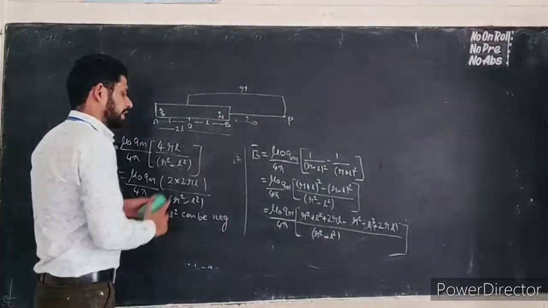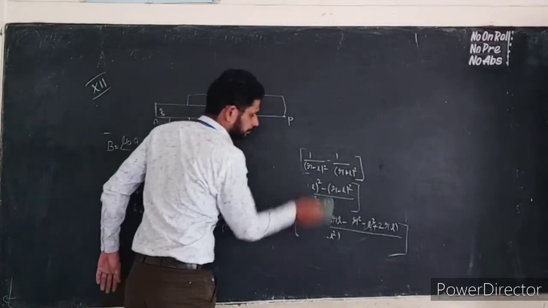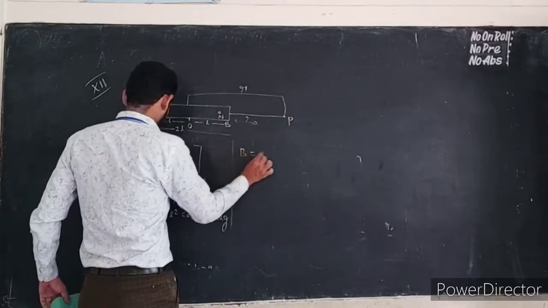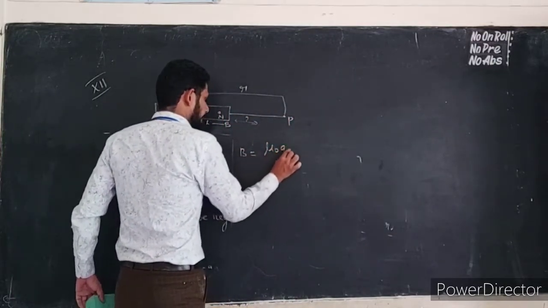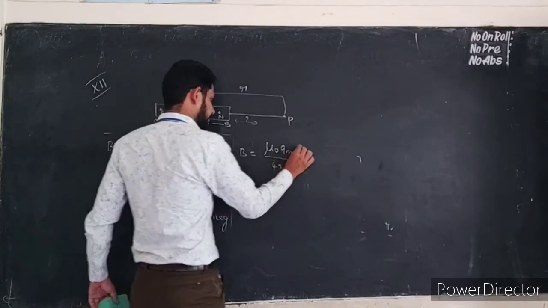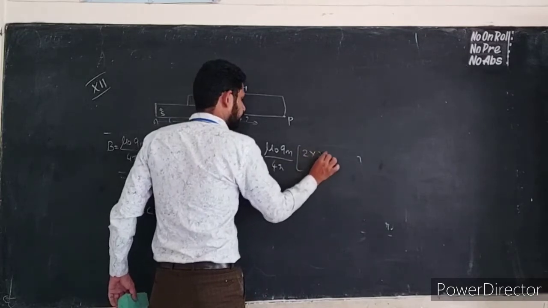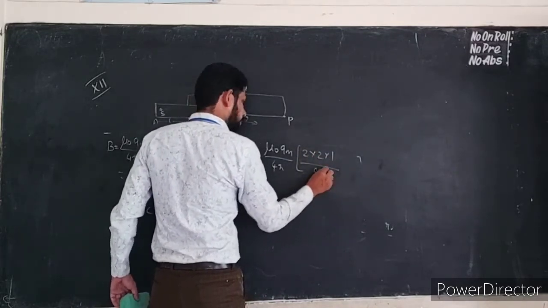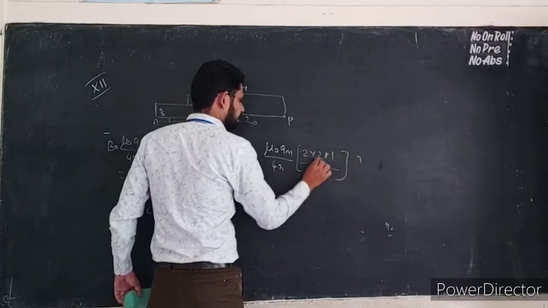If L square is neglected, the total magnetic field becomes mu naught qm by 4 pi into 2 into 2RL divided by R power 4. So one R will be cancelled.